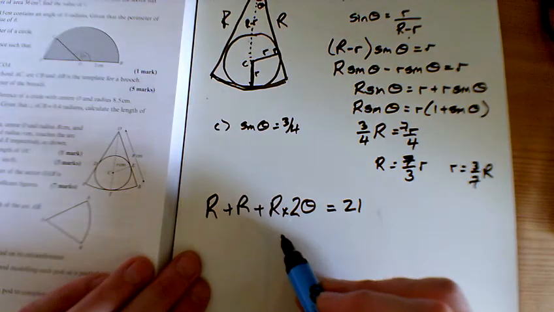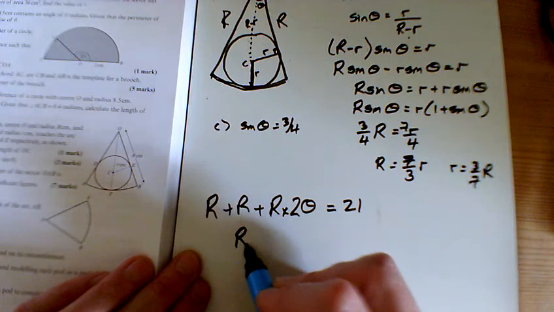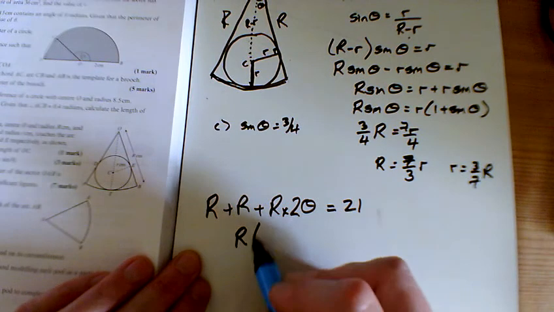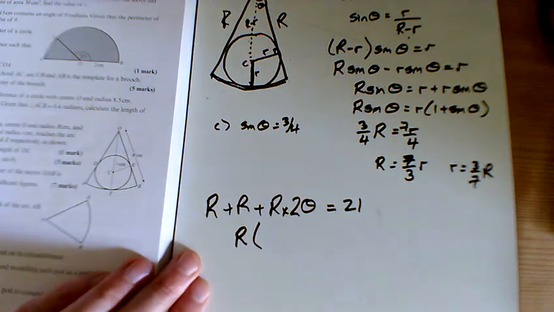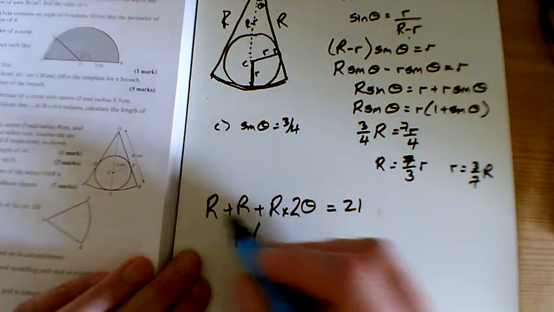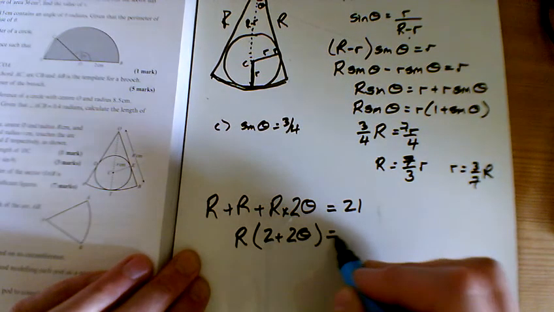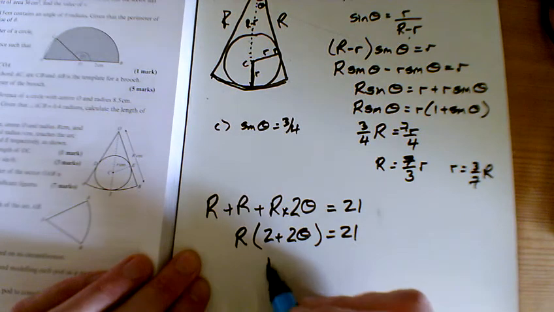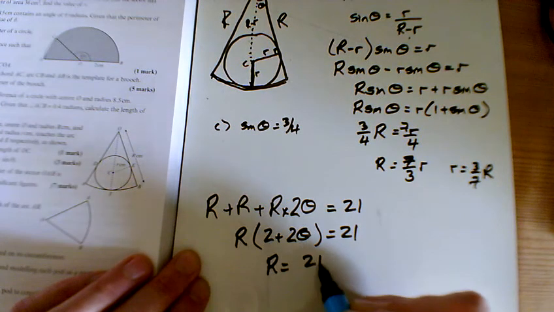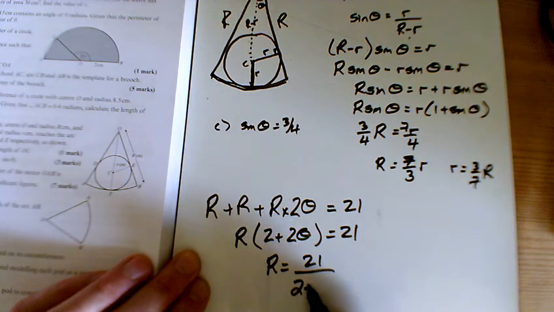So that is capital R lots of 2 plus 2 theta equals 21. So capital R is 21 divided by 2 plus 2 theta.